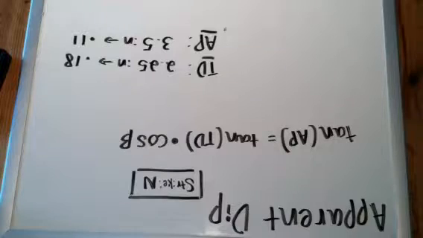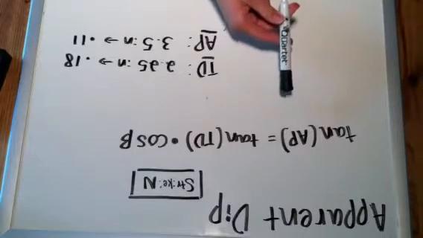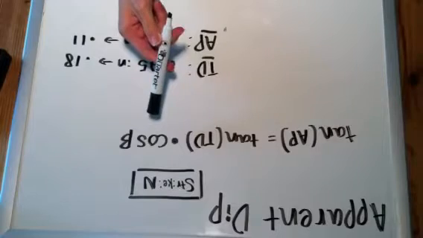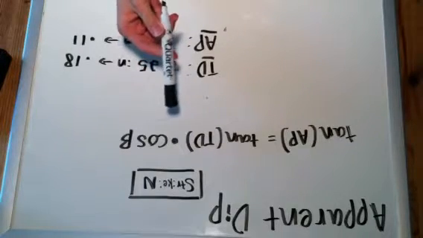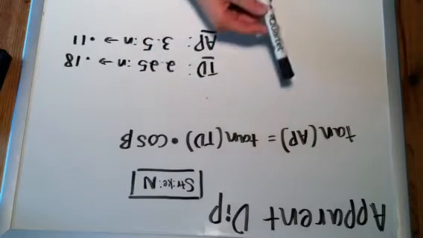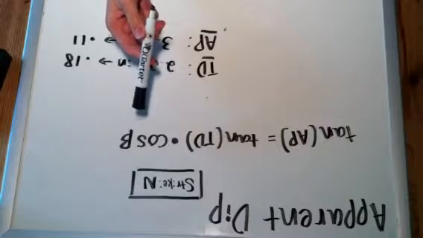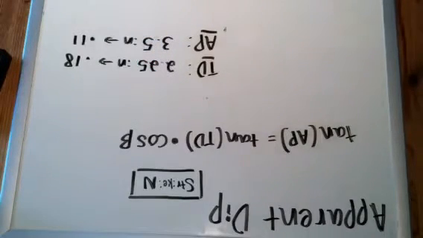So if we want to find the actual angle of the true dip, then the angle of the true dip is going to be equal to the angle of the apparent dip plus the angle beta, because the apparent dip is always smaller. It's between 0 and the true dip.